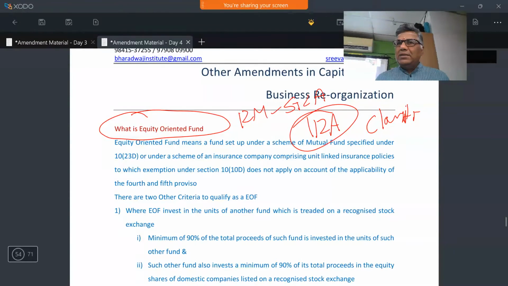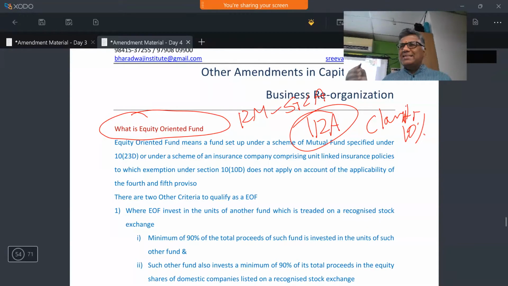More than that, it is a long term capital asset. Then 112A says where STT is paid on listed shares and equity oriented funds, up to 1 lakh not taxable, beyond 1 lakh it is taxable at 10%.